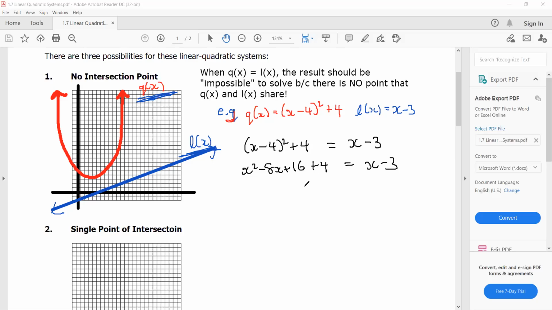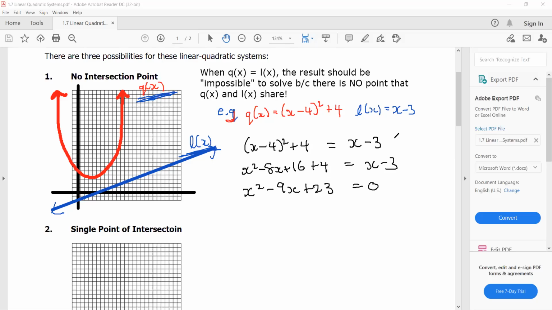Now let's continue further. When you have a polynomial like this, I see some common terms. The x terms will group together. I have constants. They will group together. X squared minus 9x, 16 plus 4 is 20, minus 3, so that's plus 3, that's a 23.